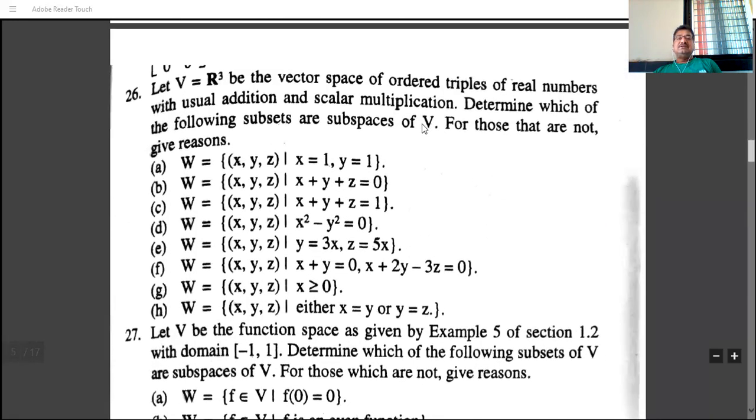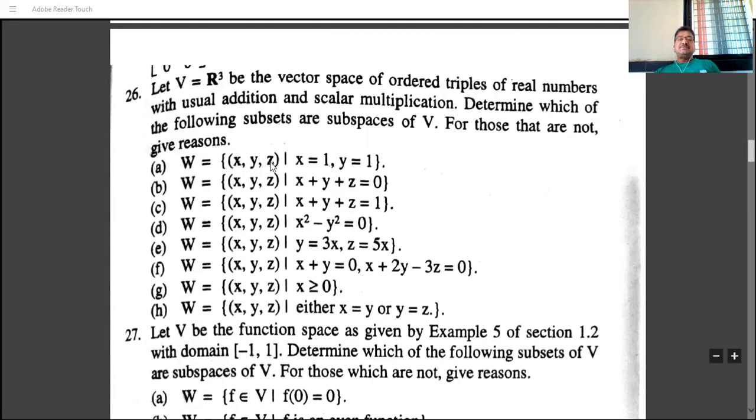So see these exercises. V is equal to R3, the set of all ordered triplets or three-tuples, with usual addition and usual scalar multiplication. Determine which of the following is a subspace of V. For those that are not subspaces, give a reason. For example, the first W is the set of (x, y, z) such that x is 1, y is 1.